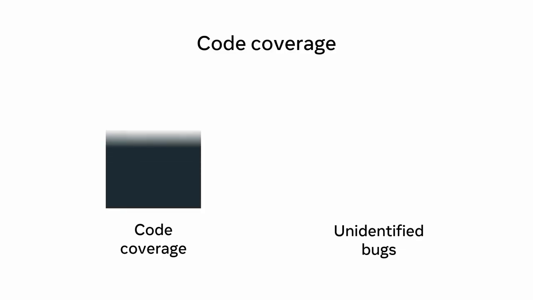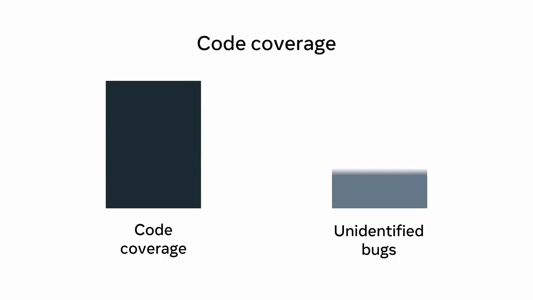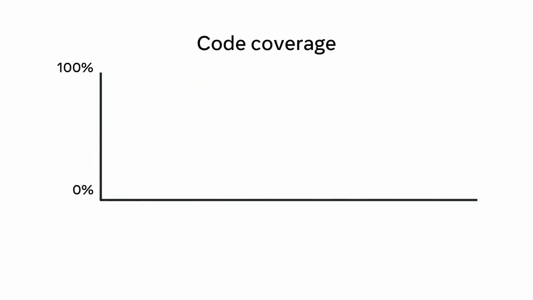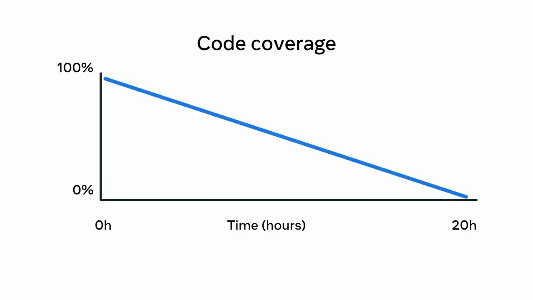Still, code coverage is a handy tool to gauge the amount of my codebase that's included in tests. The higher the code coverage, the lower the chance of having unidentified bugs. As a rule, the higher the percentage of code coverage, the lower the amount of time required to write new tests. This, however, depends on whether there are incomplete software requirements pending, or if you are going to receive more requirements in the future. Next, let's cover the concept of mocking.